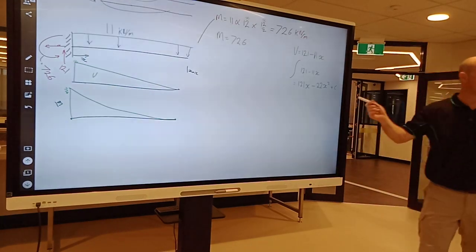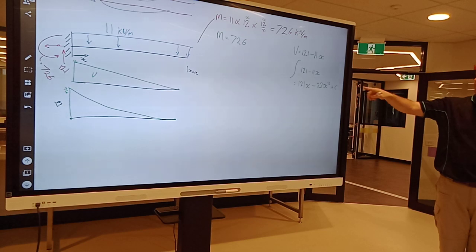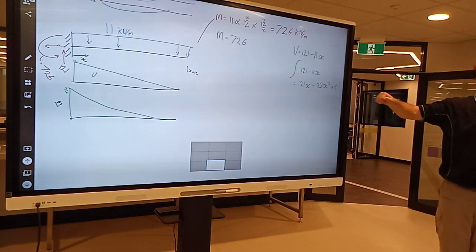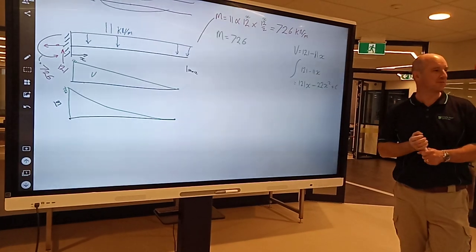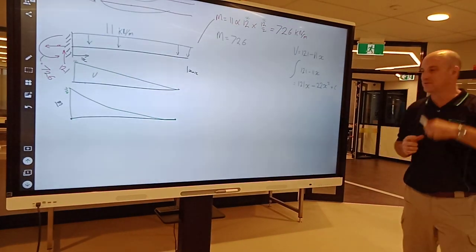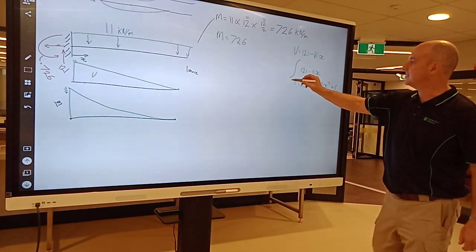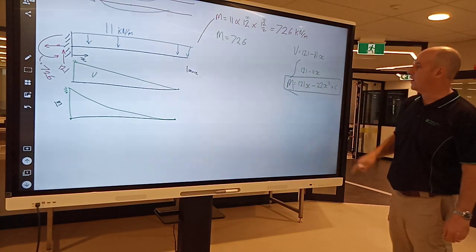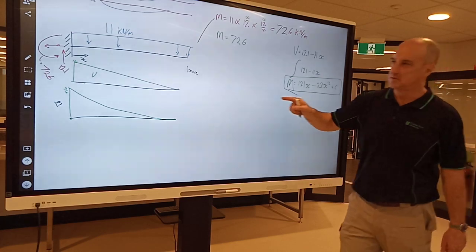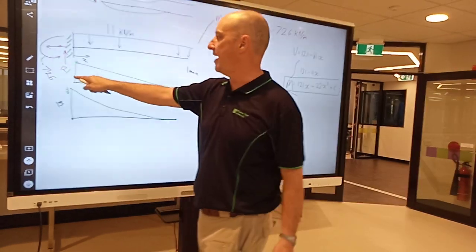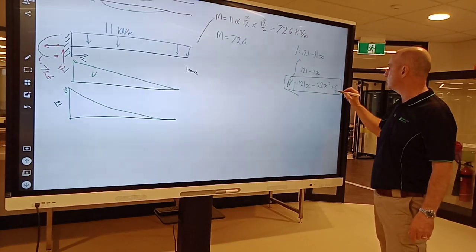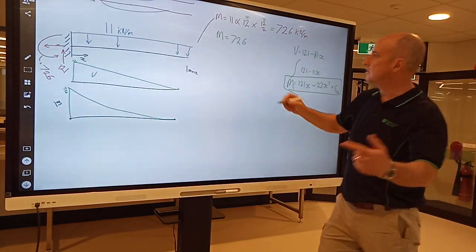Is that right? Seriously, I'm not good at integrals. Is that right? Maths people, anyone? Yeah, good, okay. All right, that is our M, okay? And when x is 0, then M is 726. So C is 726. Okay, so let's go to our equation.